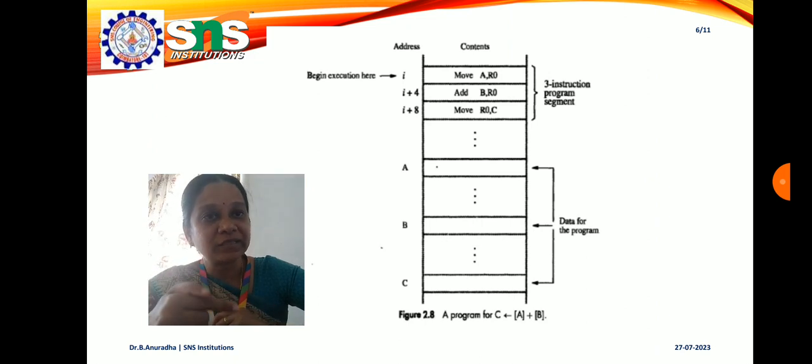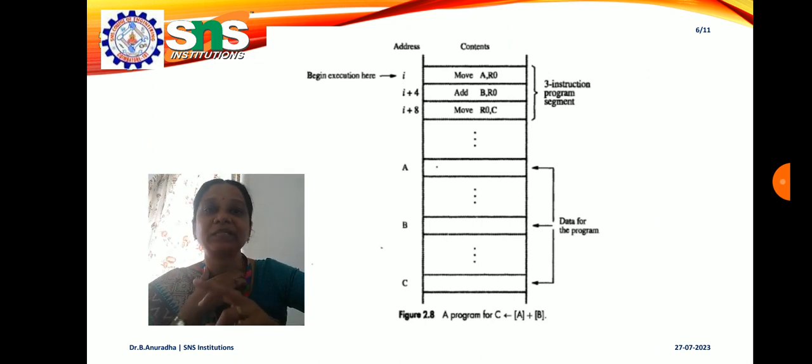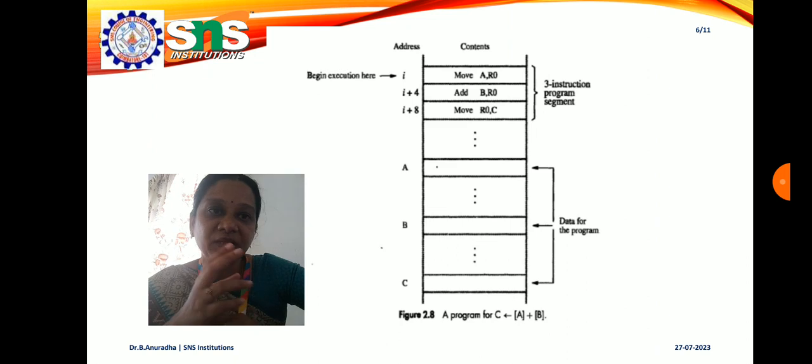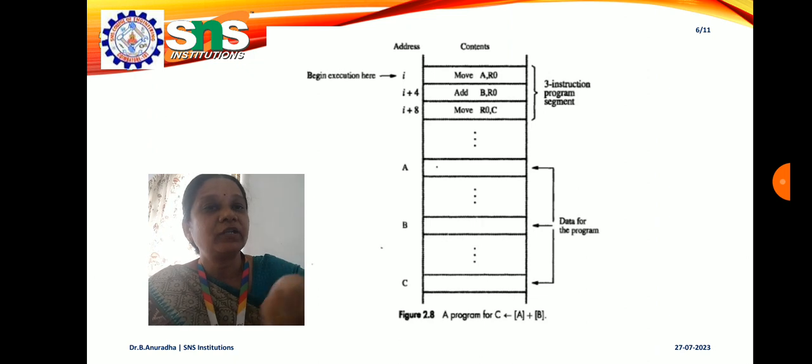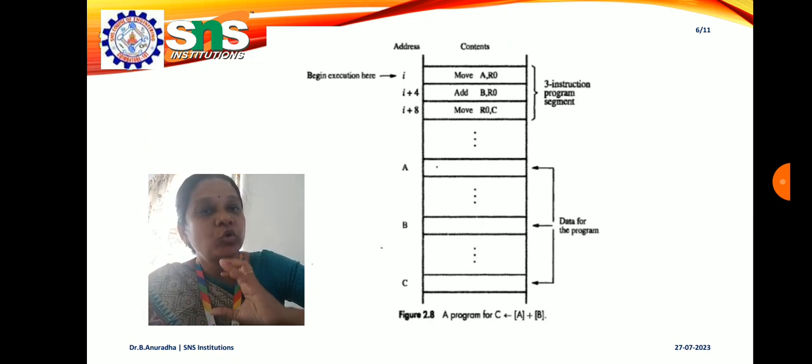So in address location I plus 8, I am moving the result of A and B, which is in R0, to C. So that result will be present in C. This is how the entire operation takes place. You have instructions and data inside the memory.